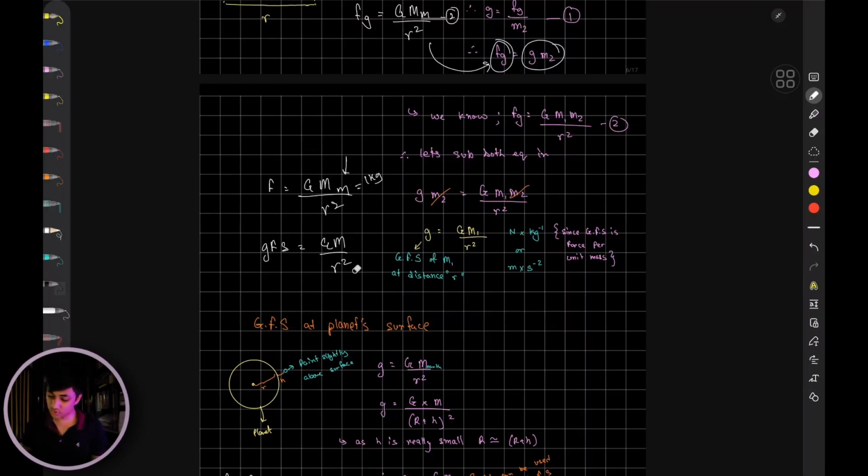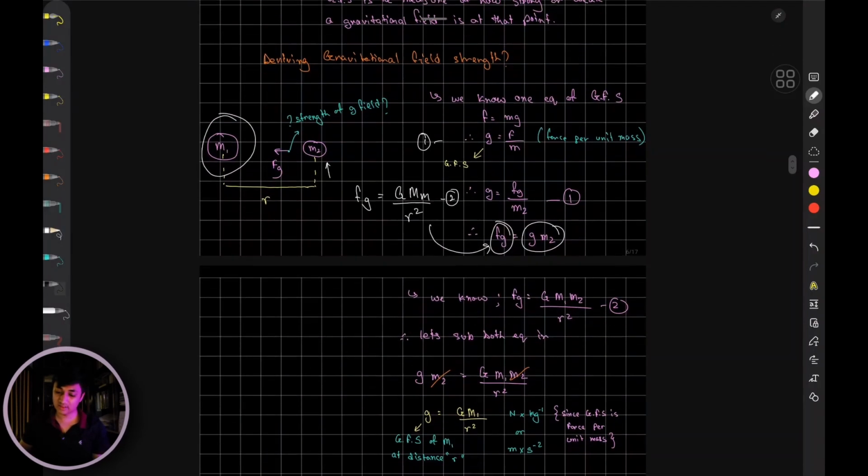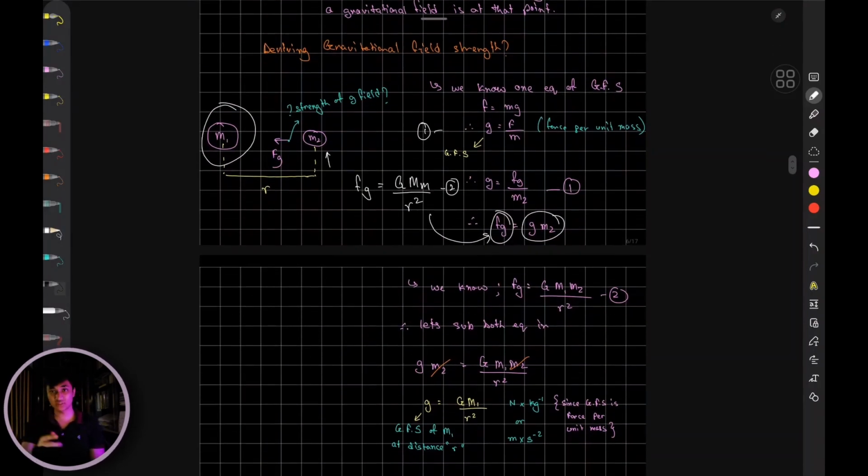So this is how you can figure out the gravitational field strength at any given position. Notice the separation, the radius away from the center of Earth, is going to affect your gravitational field strength. And we are going to see how the effect varies with different separation.